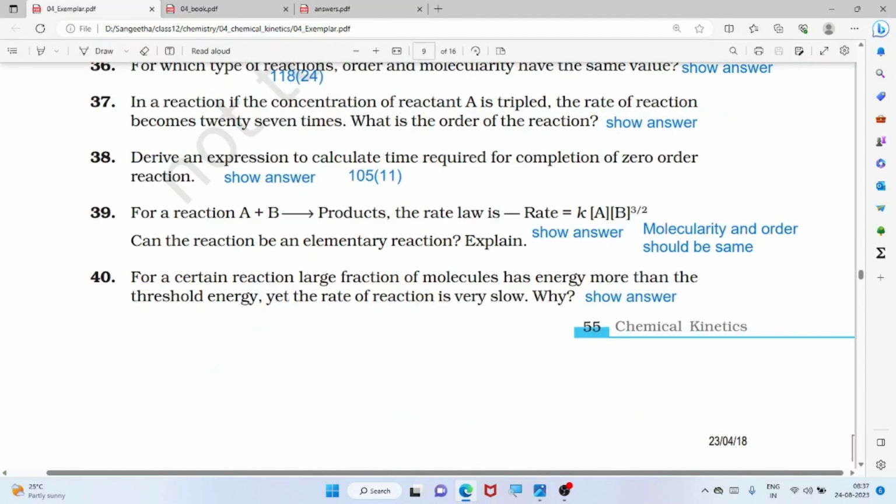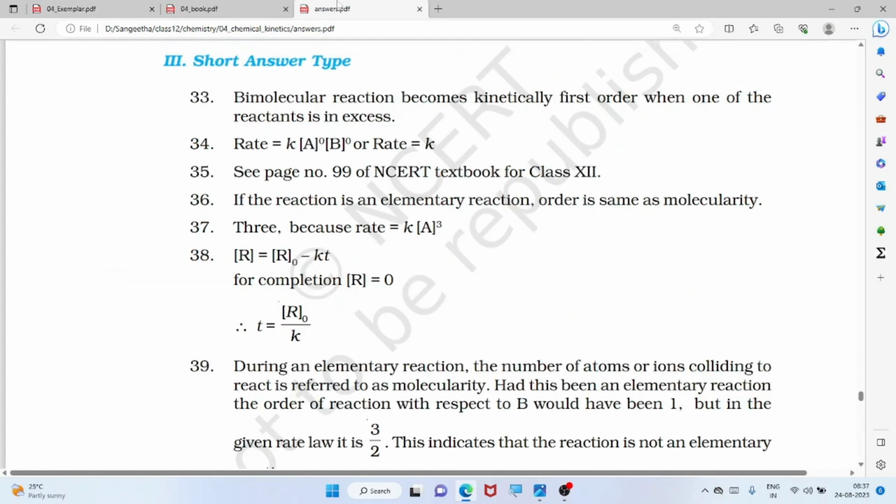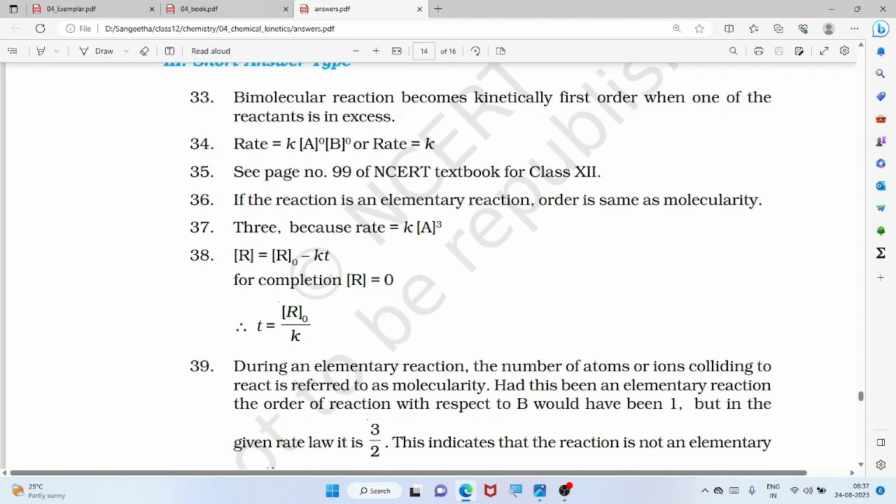Derive the expression to calculate the time required for completion of a zero order reaction. On completion, the reactant concentration of the reaction will become 0.